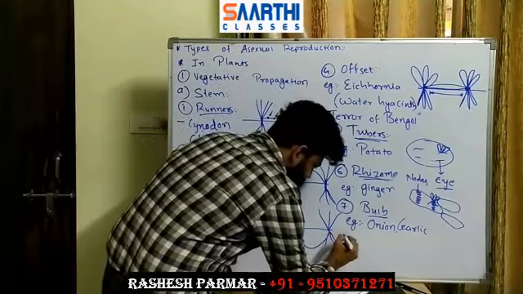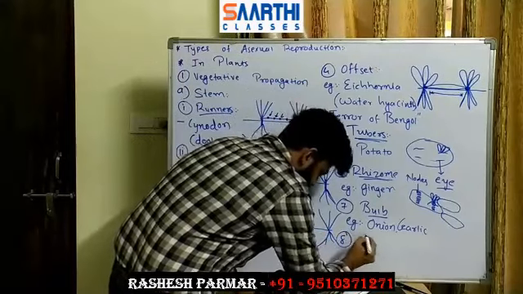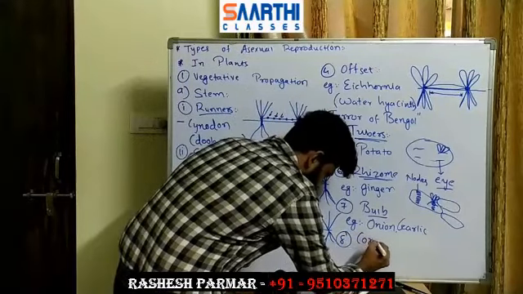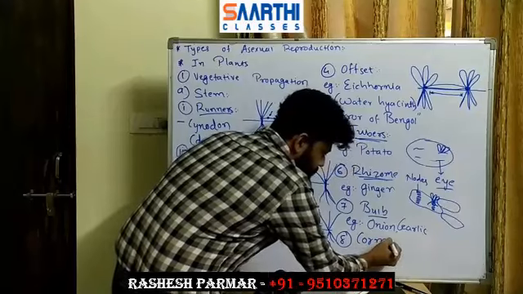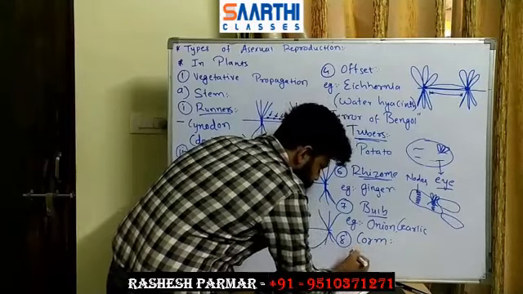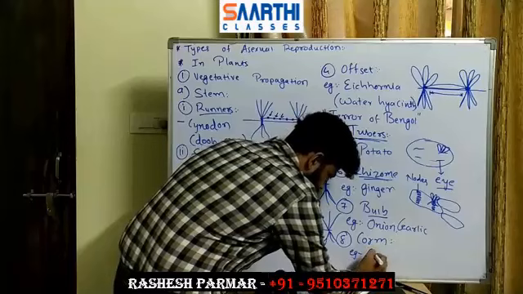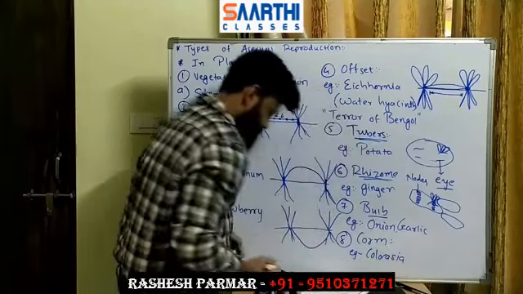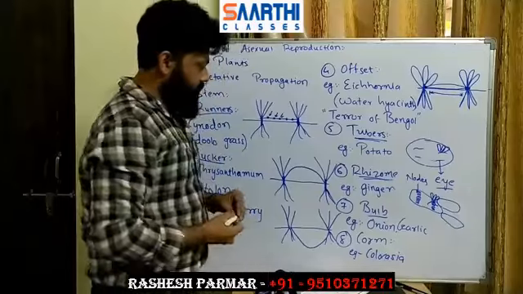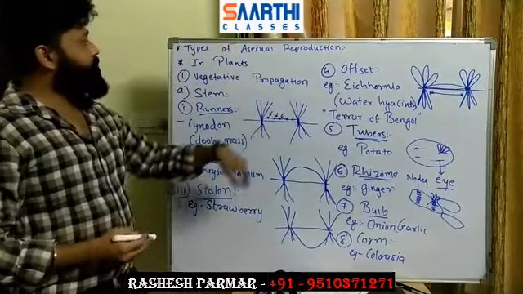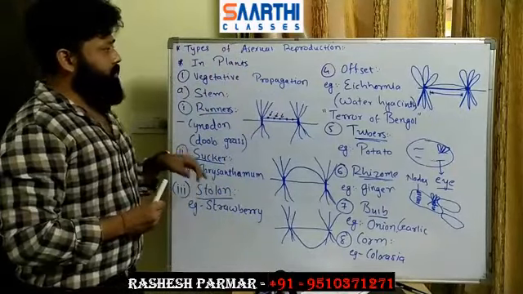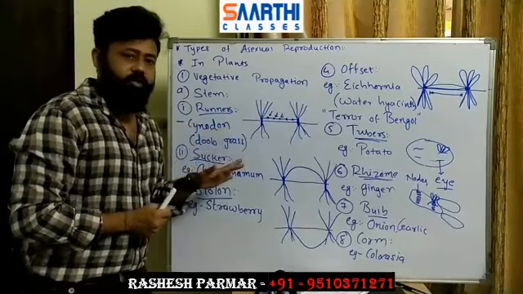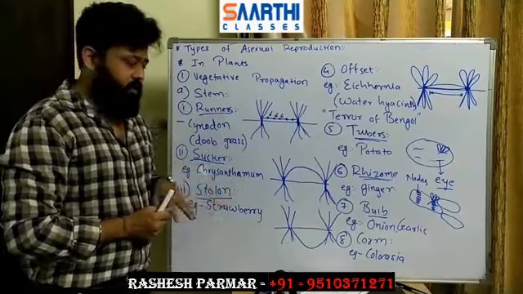The eighth type is corm. An example of corm is colocasia. So these are all the types of vegetative propagation in plants.